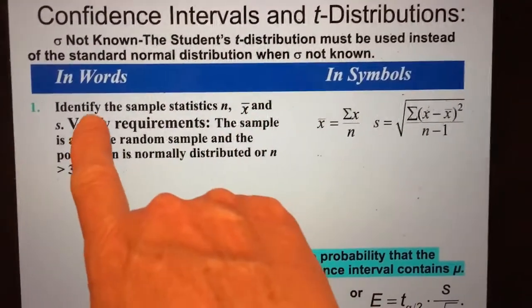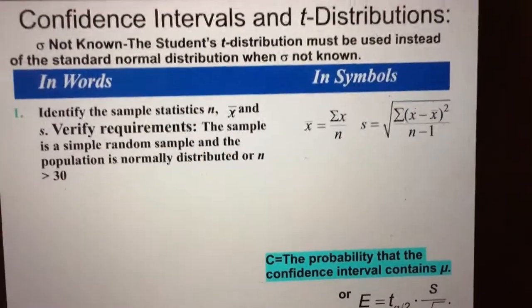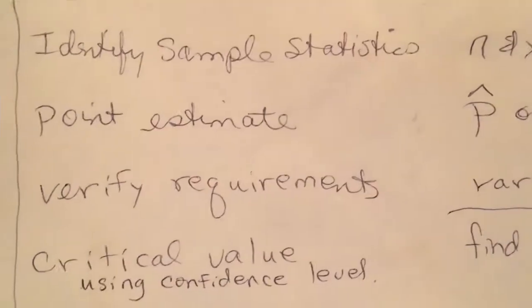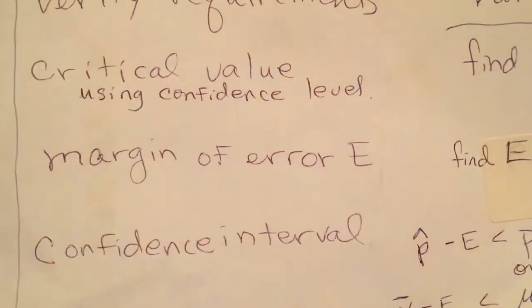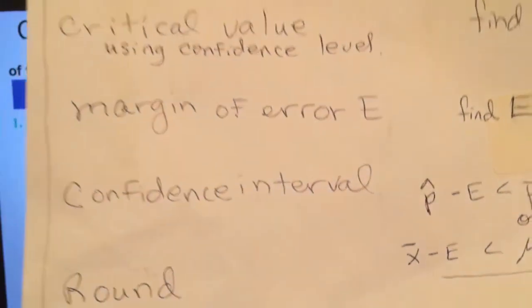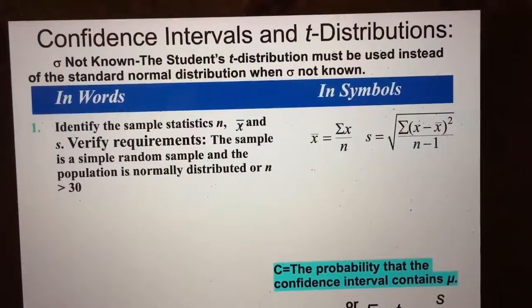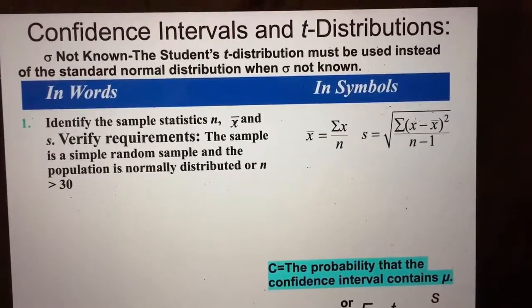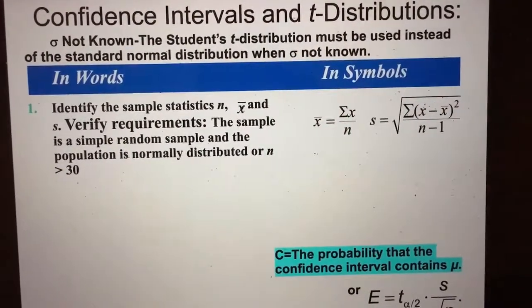So here we have to identify, just like we did before on our little sheet here. Okay, the very first thing was identify sample statistics, get your point estimate, verify your requirements, get your critical value, margin of error, confidence interval, and round your results. So we're doing the same thing here, going through the same process, a little bit different because we don't have a standard deviation, therefore we use a T-distribution.